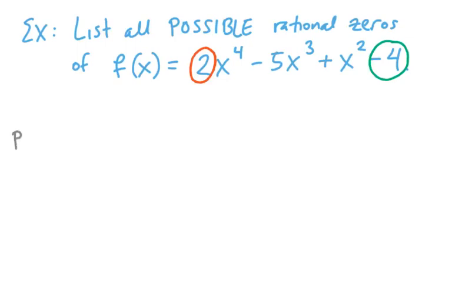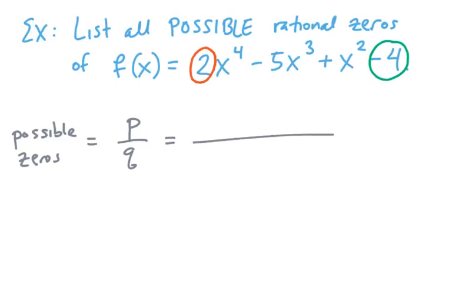So the possible zeros take on the form p over q, where p is going to be directly related to the factors of the constant term. So here's how we're going to think through this. P is tied to, in our case here, the factors of -4.